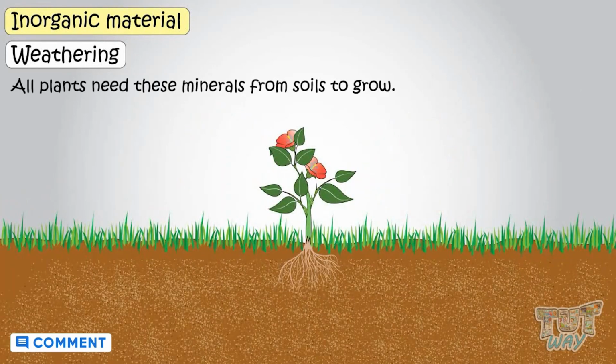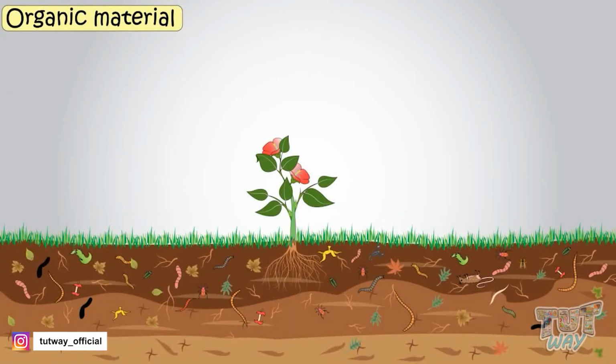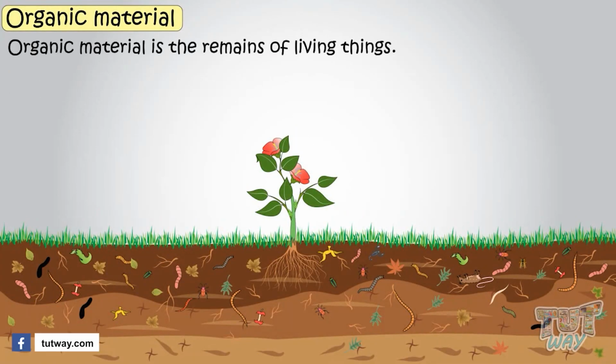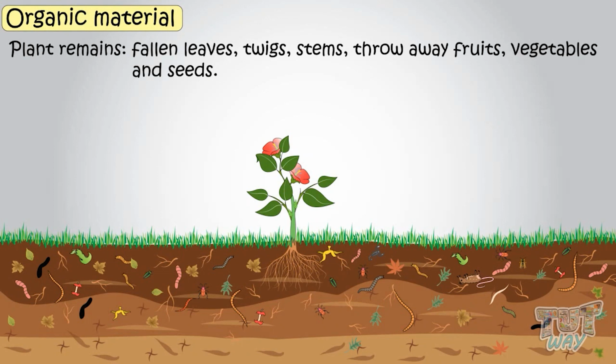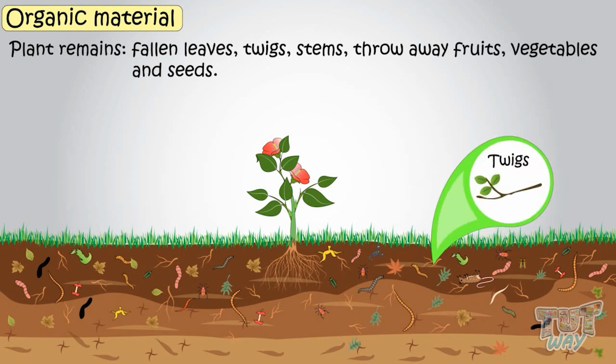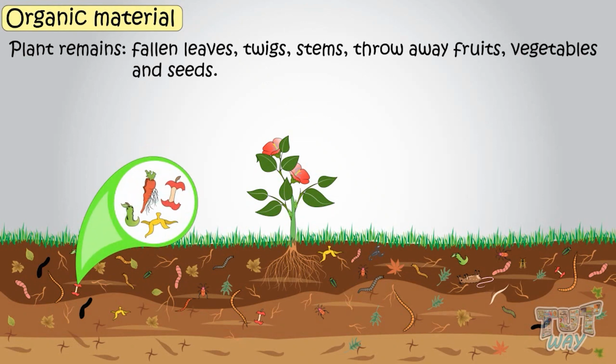You know all plants need these minerals from soil to grow. The other component of soil is the organic material, which is the remains of living things like plant remains, fallen leaves, twigs, stems, thrown away or fallen fruits and vegetables, and seeds.